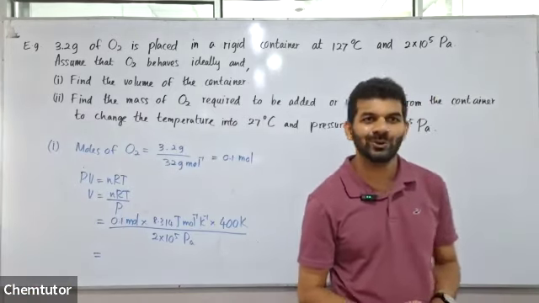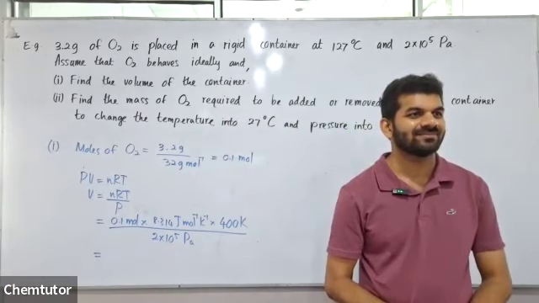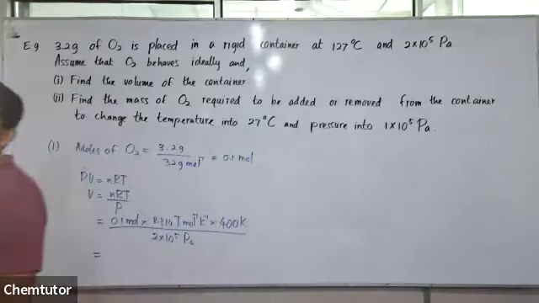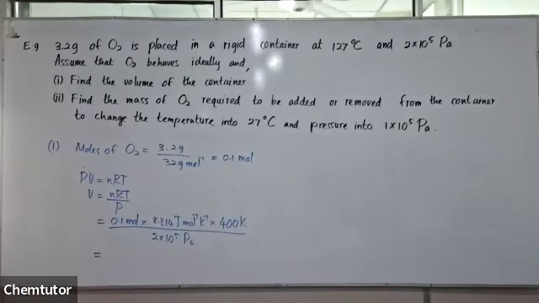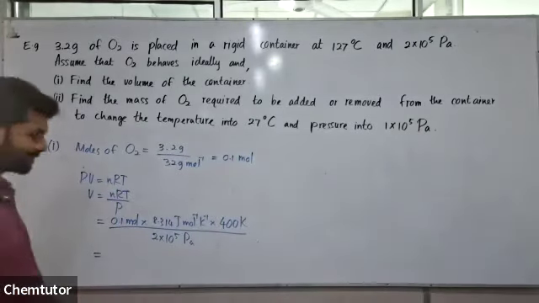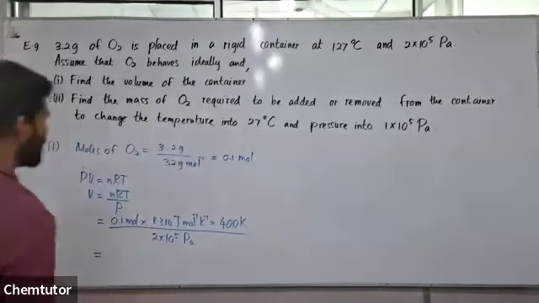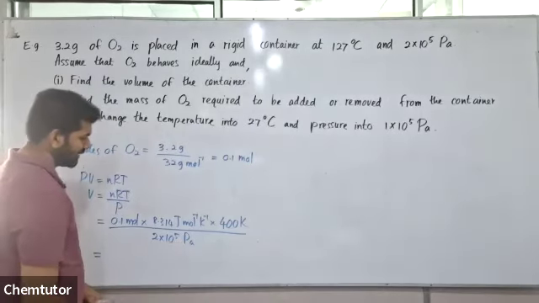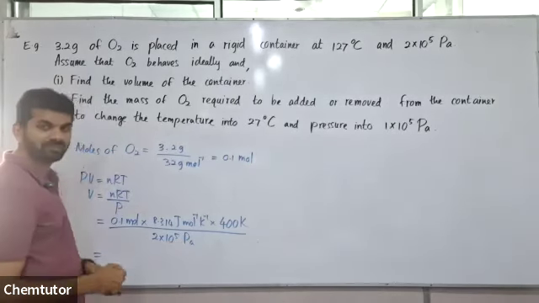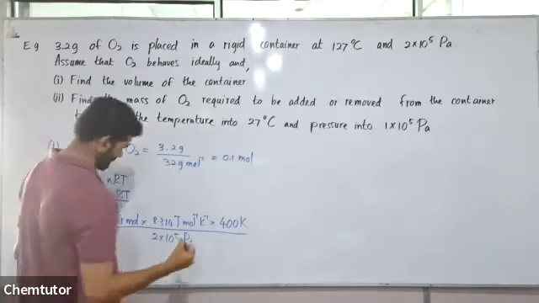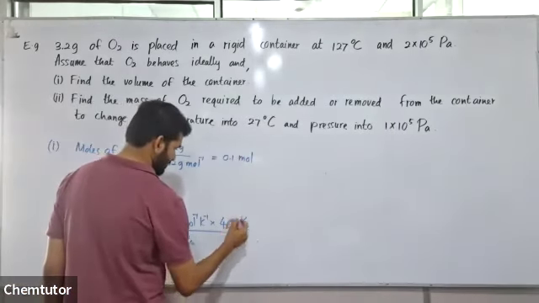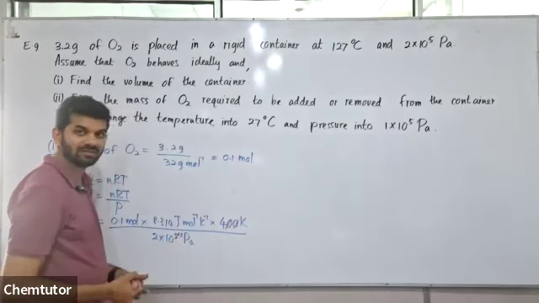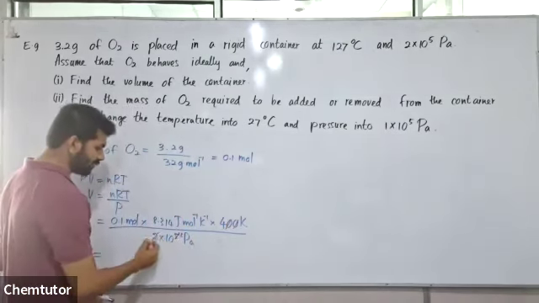So what's the answer that you got? Let's see. 0.1. Here we have 10 to the power 5. That means we can cancel off 2 zeros over here, and this will become 10 to the power 3. Then we have 2.